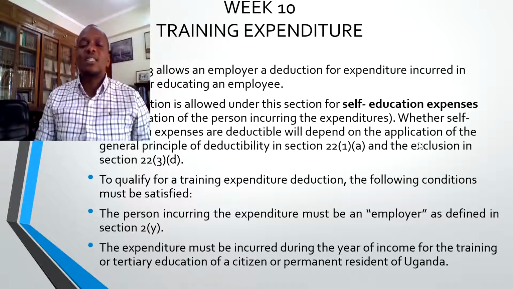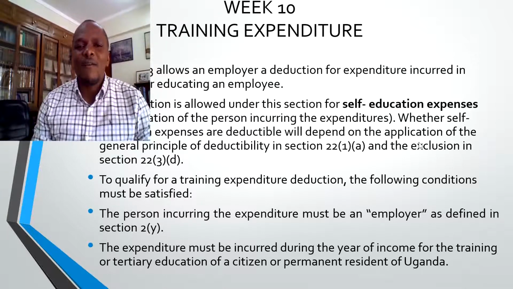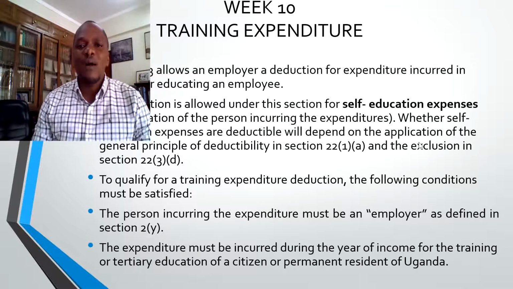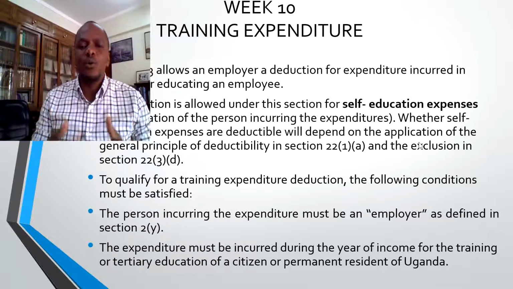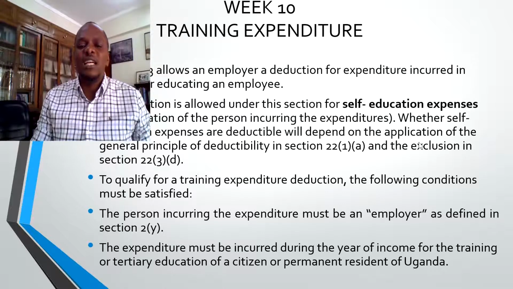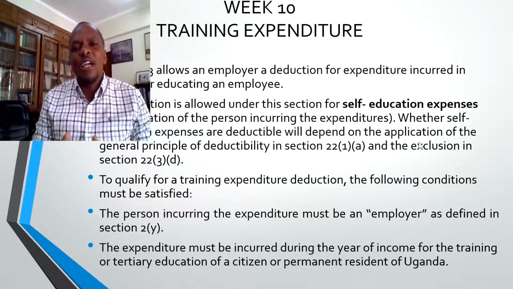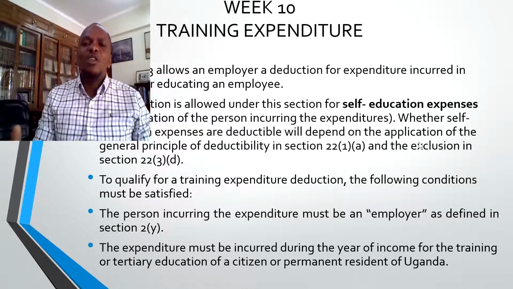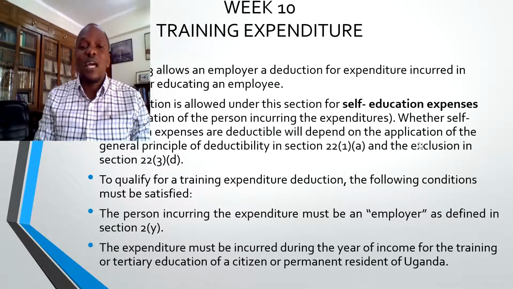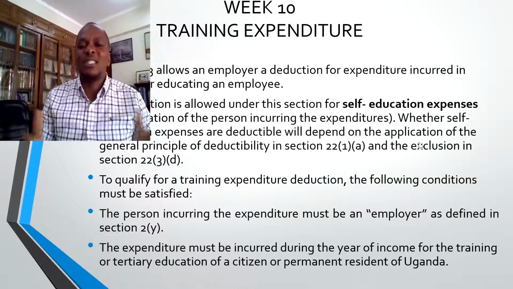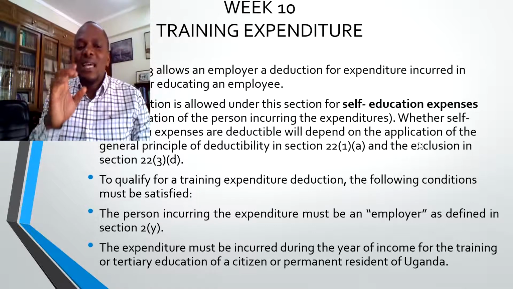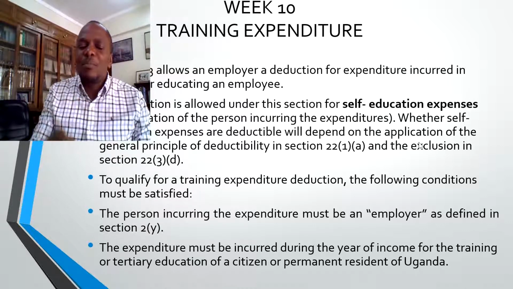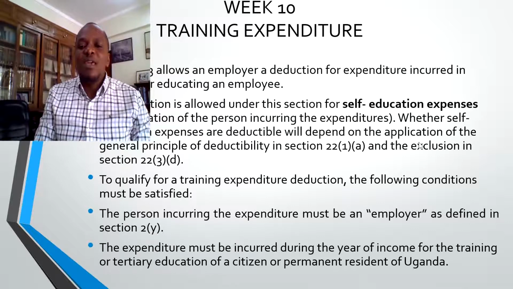Of course, it is clear that when you have a workforce, you should have a skilled workforce, and you should use their skills to help you generate more income. So when you generate more income and train other people, then you benefit the wider society, because these people can take these skills somewhere else, even outside your company. But again, Section 33 puts in place conditions that must be fulfilled.